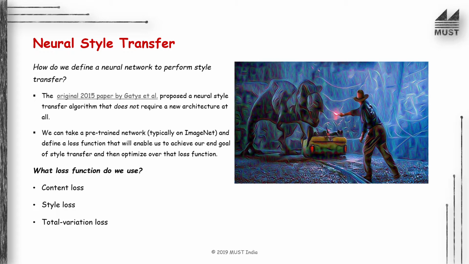It will have a content loss, and on every round of training it will try to reduce the content loss. Similarly for the style image, it will have a style loss, which it will try to reduce on every round of training. And finally from the generated image, it will try to reduce your total variation loss so that it makes it as perfect as possible. This is a very interesting concept.